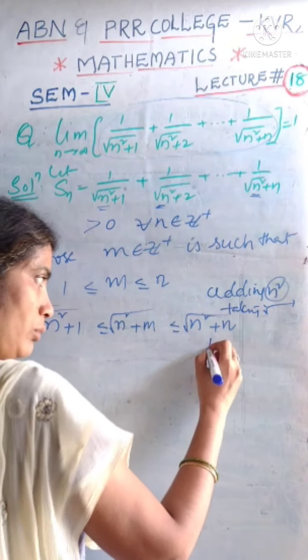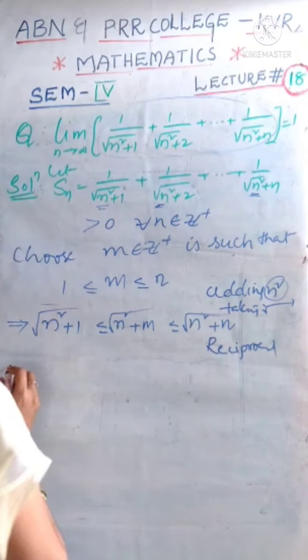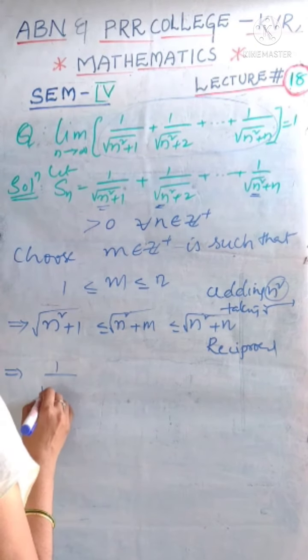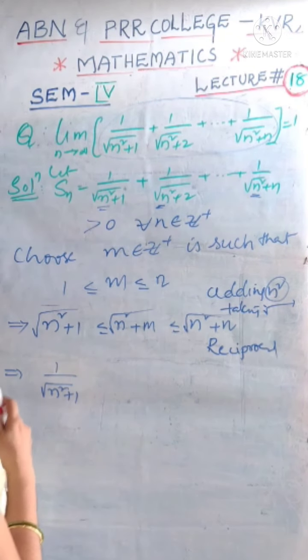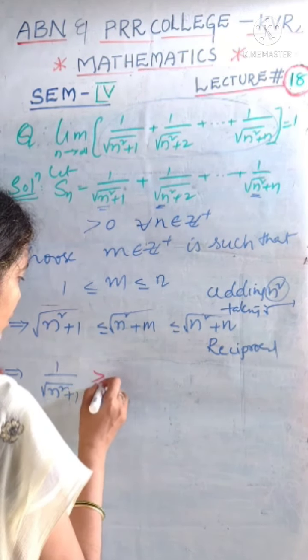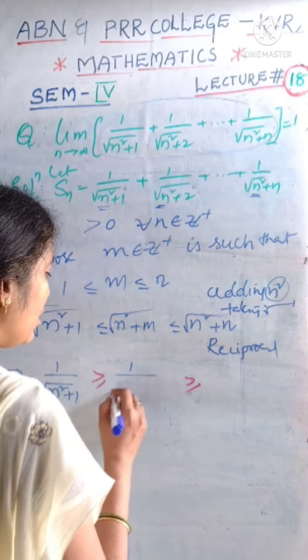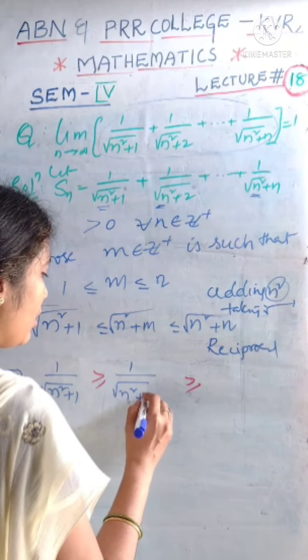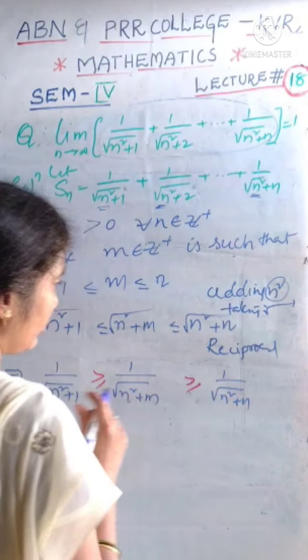Now, taking the reciprocal on both sides, what happens? The inequality will change. We have the reverse relation because we are taking the reciprocal of the inequality. n square plus m, n square plus n.